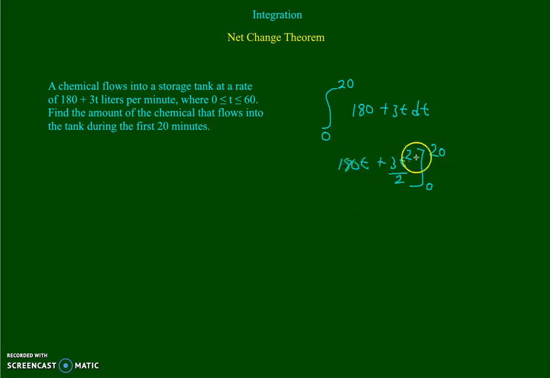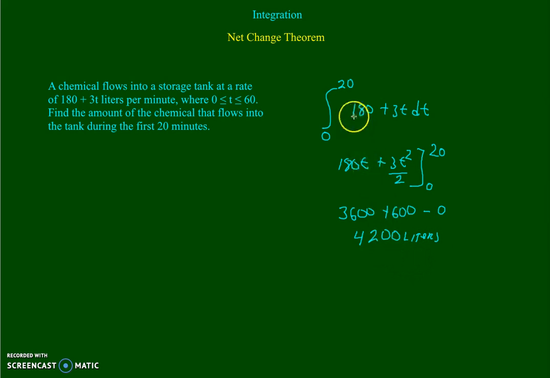So 180 times 20 is 3600, and 20 squared times 3 divided by 2 is 600. And when we put 0 in here, that's minus 0. So this gives us a total of 4,200 liters in the first 20 minutes.